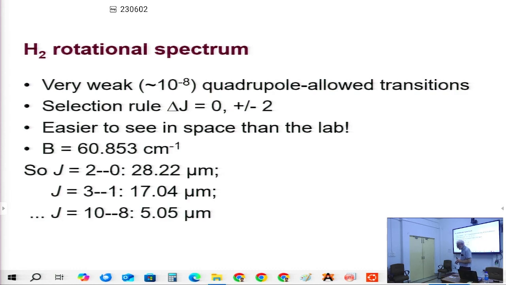Right. I promised you nuclear spin statistics. Let's do it here. We'll come back to it later. Anyone know what the nuclear spin of hydrogen is? Come on, I'm sure someone in the room does. Anyone? We already discussed it in the first lecture when we looked at the 21 centimeter line.